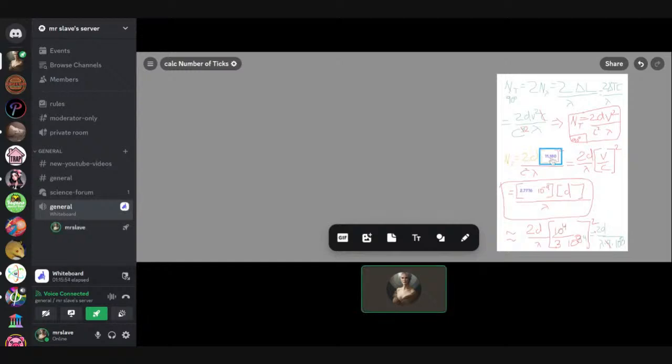So assuming the speed, you could say it's half of that speed, but it's about 300 meters. That's the next page. 2D is just 2 meters, so it's just 2. It's 2D over lambda, I don't know. We need to watch the video. I don't know.